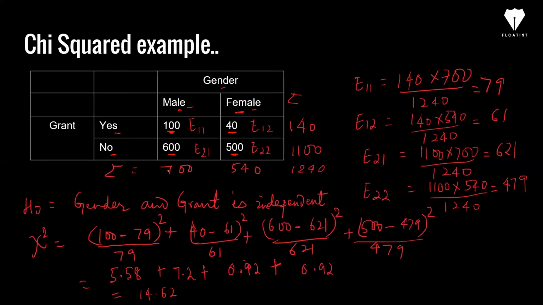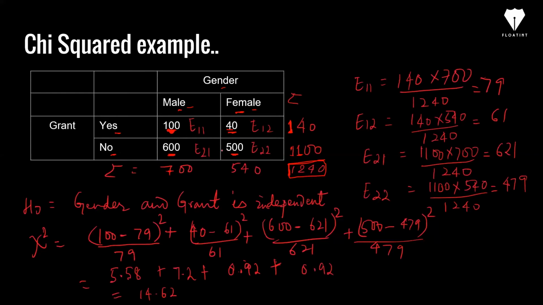That is how many males are there, 700 male total. Female, we have 540. And how many actually got selected? That is 140. And no is 1100 journals not accepted. Total is coming out to be 1240. All right. So these 100, 600, 40 and 500 are observed values.